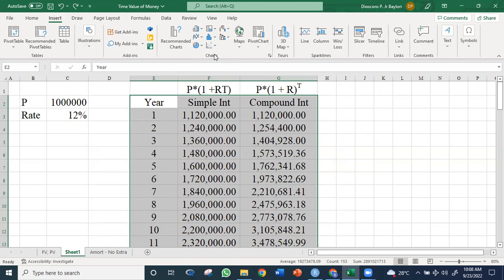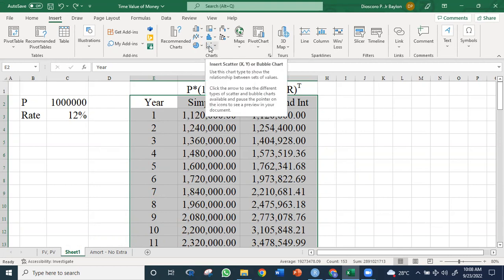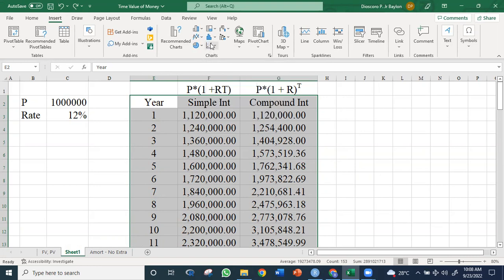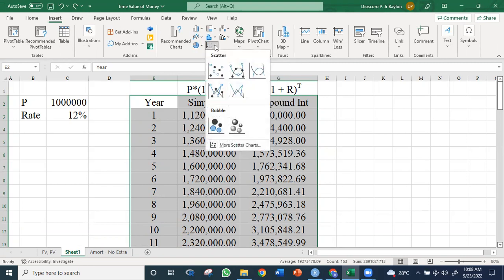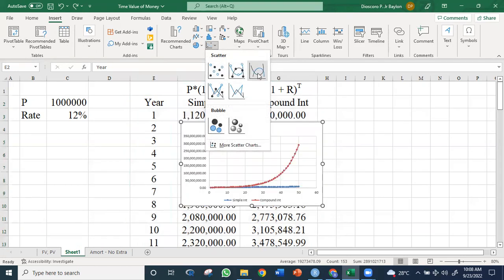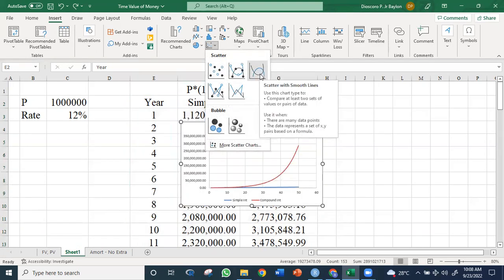Sa ribbons natin, andito si charts, and then you click this one. You can see here the scatter plot, just the dots. Maybe you have a different interface, but you go to the scatter plot, and then we just choose this one, the one without dots.